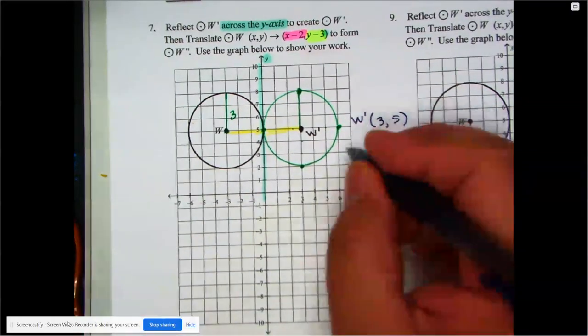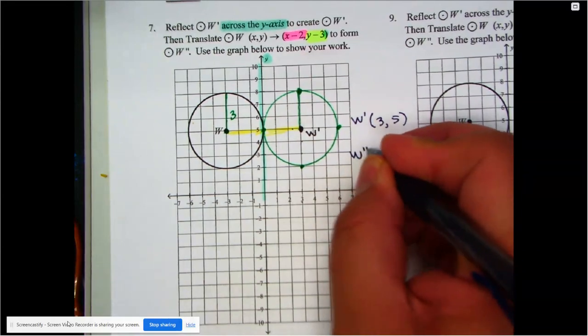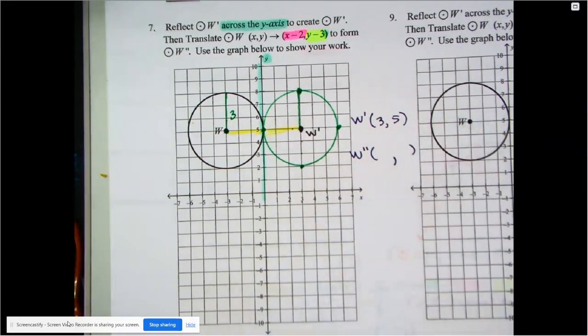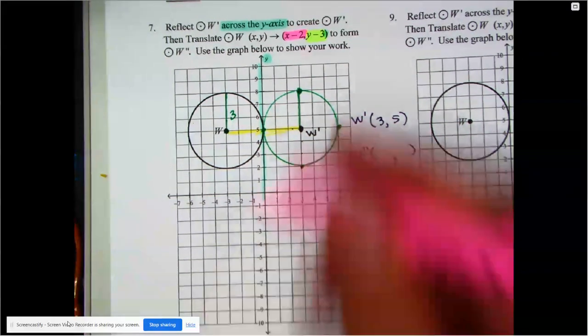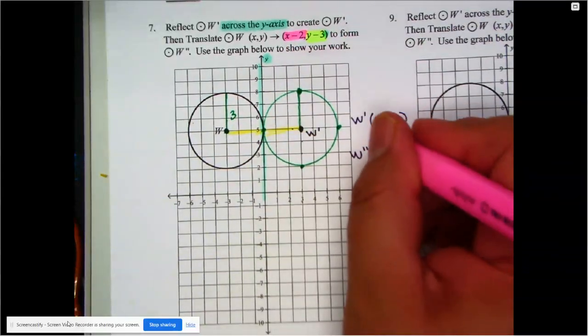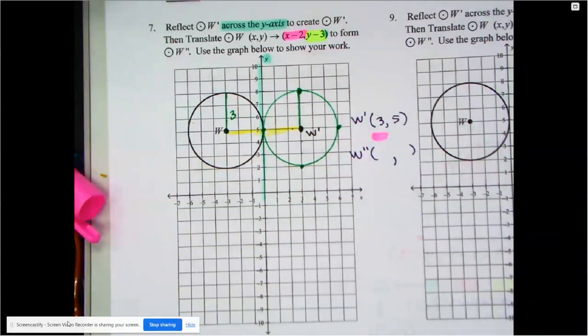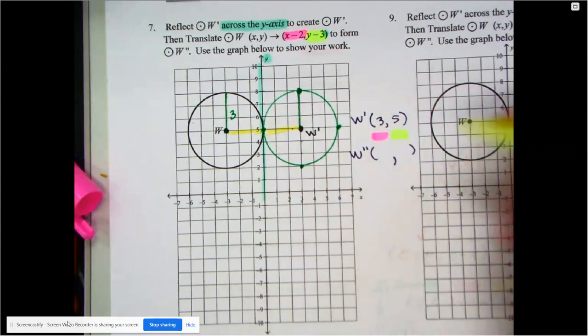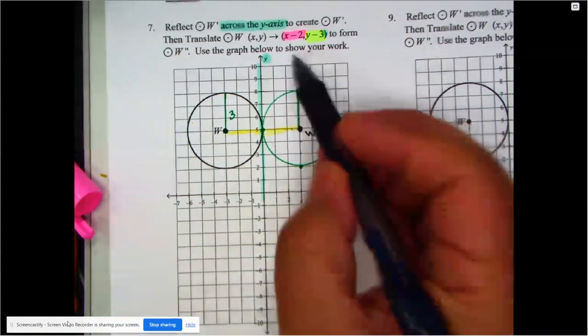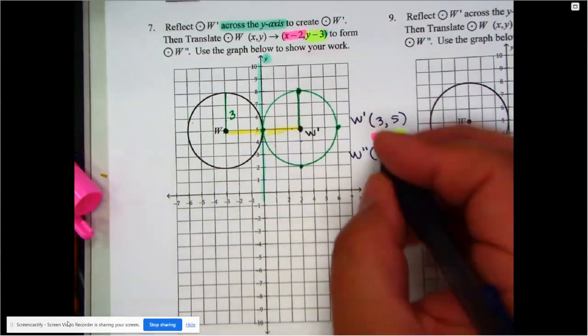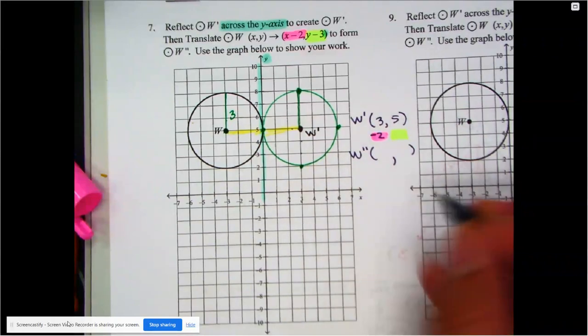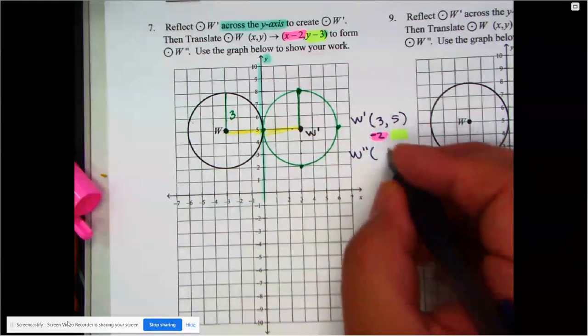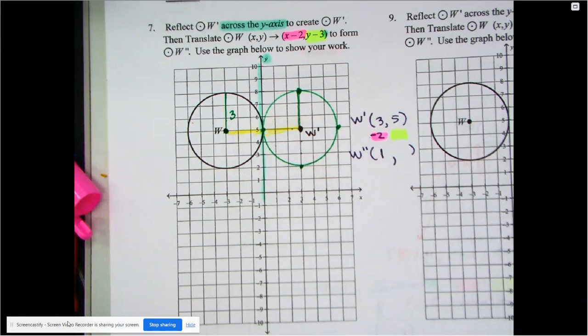And so when you do W double prime, look at what they said. They said for the x's and for the y's, look at what they told us. For the x, they want us to take away 2. So 3 take away 2. There's my new x value.